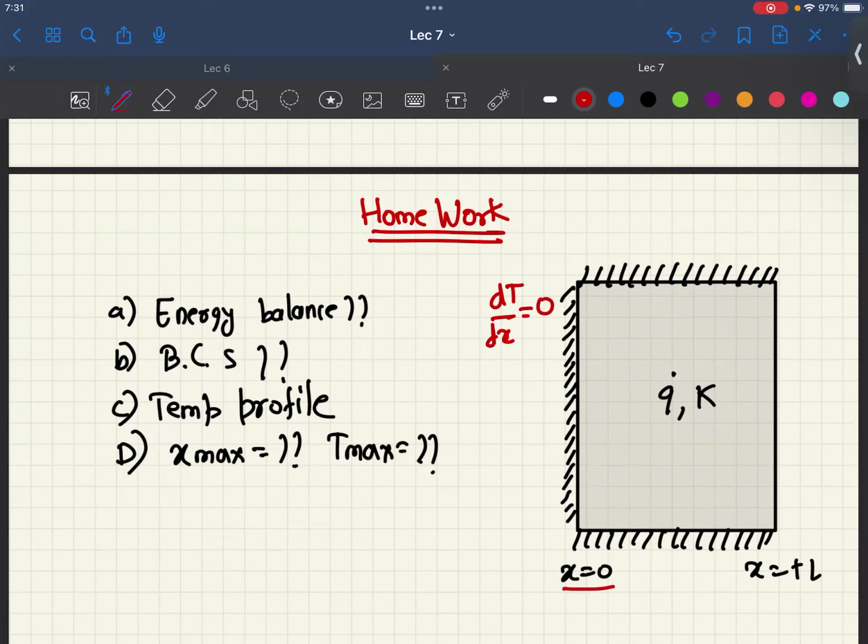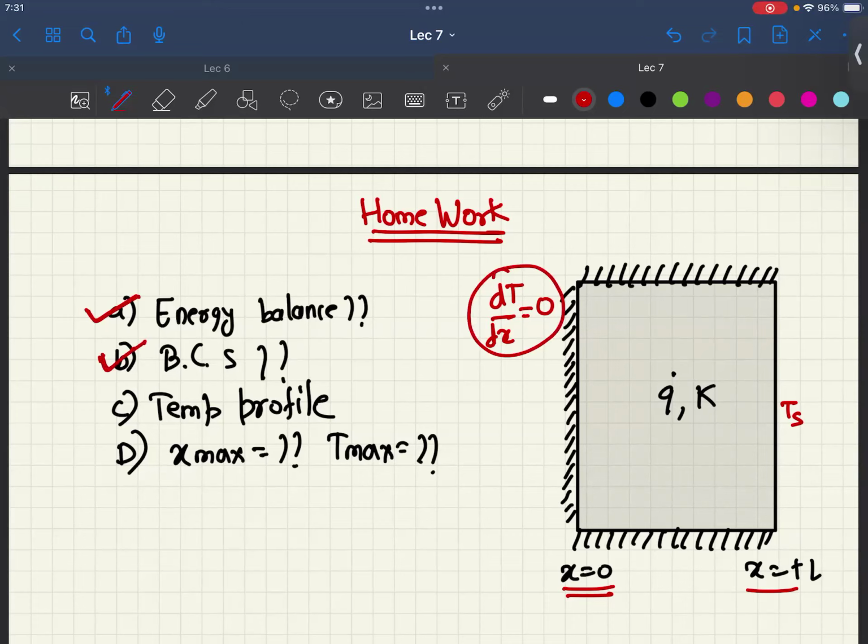Okay, and this is the point at x equal to 0, and at x equal to plus L we are having temperature, let's say Ts. So now the question which we are asking, which you can try as a homework example, which we can discuss in the next class, is: what is the energy balance for this system? What are the boundary conditions?